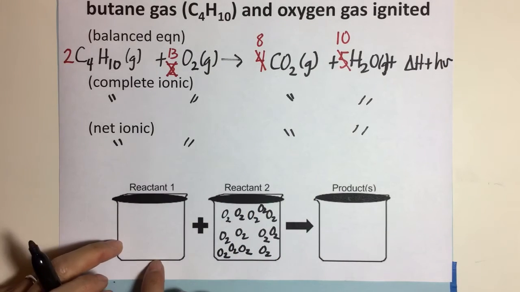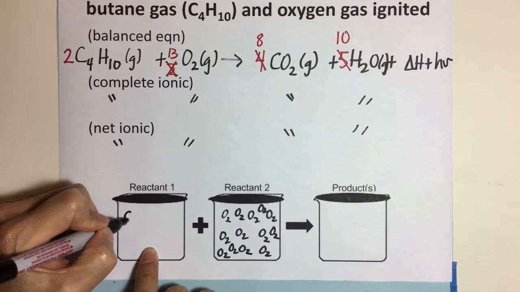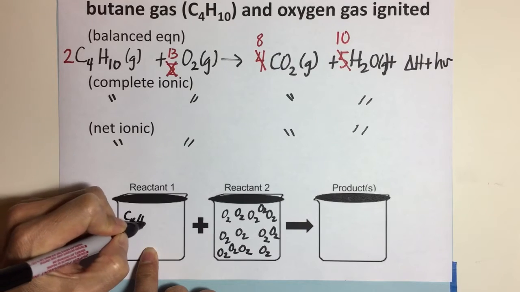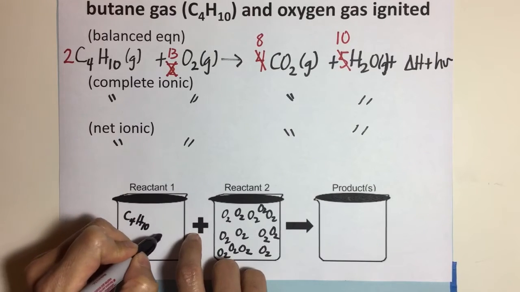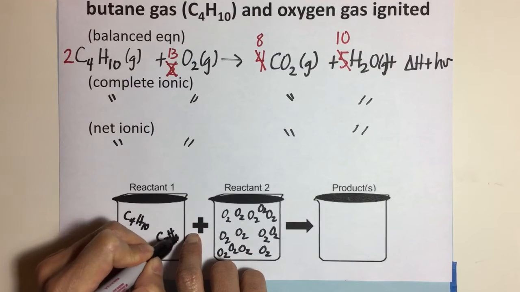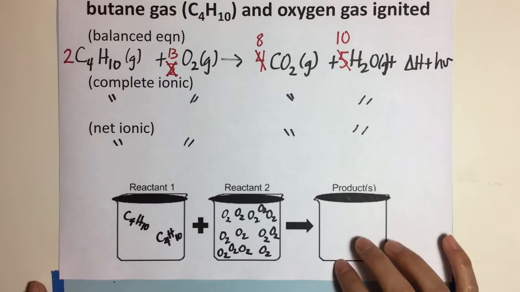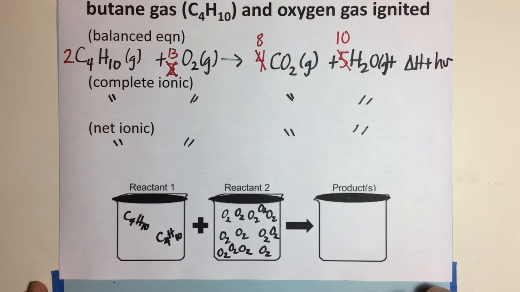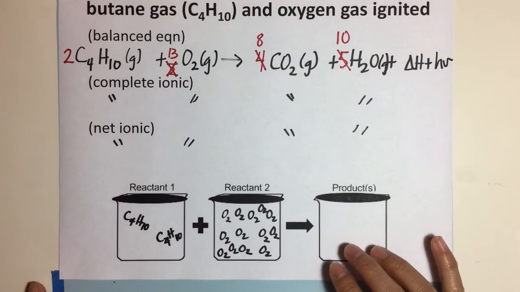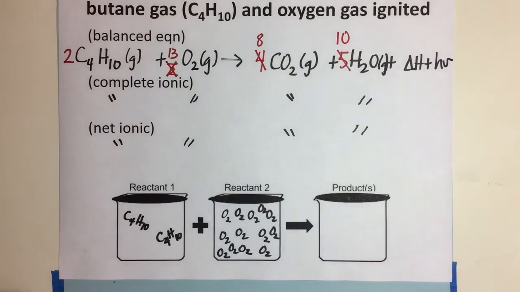So now we're going to look at reactant number 1. Reactant number 1 is a gas as well, and so it's C4H10, and there are 2 of them. Then we go over to the product side, and there's a lot to be placed into this product. You'll see 8 carbon dioxide and 10 water molecules.